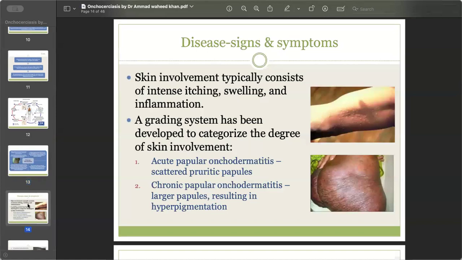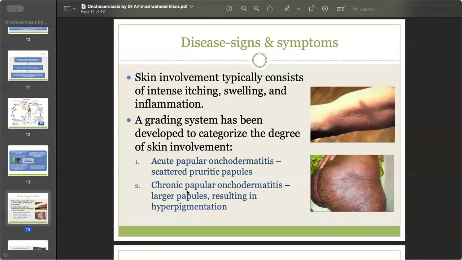Disease signs and symptoms. Skin involvement typically consists of intense itching, swelling, and inflammation. A grading system has been developed to categorize the degree of skin involvement. Number one is acute papular onchodermatitis: scattered pruritic papules.